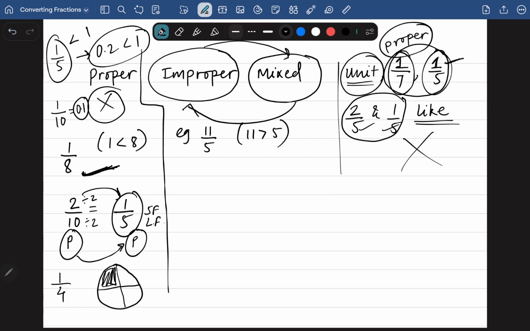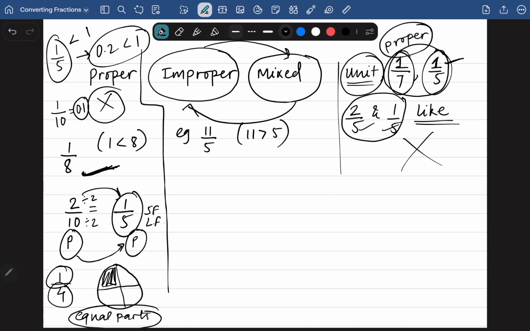So the pizza was cut into four equal parts. That's why the denominator is 4, and the phrase equal parts is very important here, because in any fraction the denominator represents the total number of equal parts that thing is being divided into, and the numerator represents how many parts are considered.